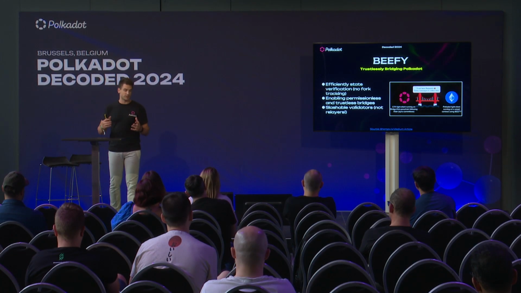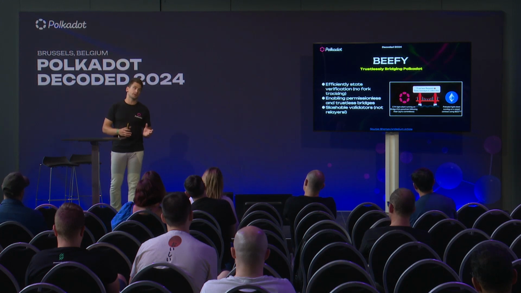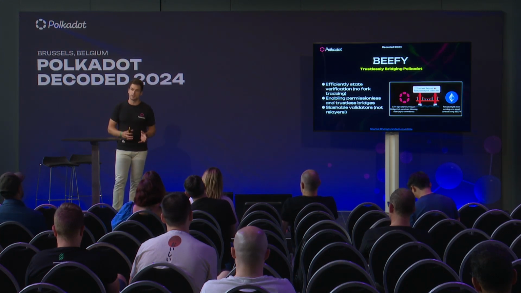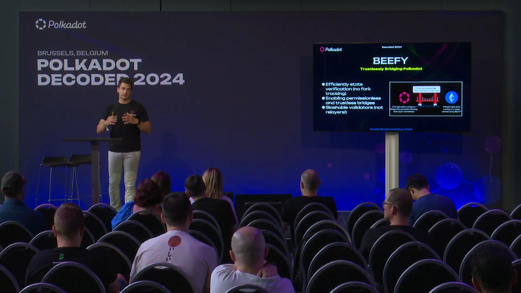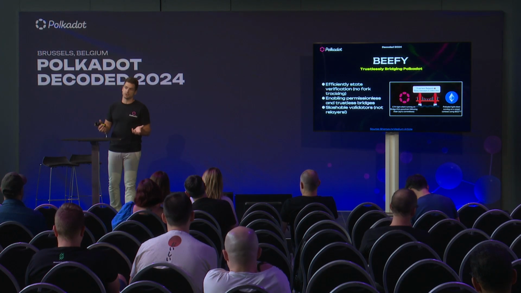We want a bridge that is fully trustless, where if something goes wrong, it is the fault of the validators in one or the other chain that weren't able to provide the verification or were malicious. So you want to slash the validators, and you don't want to slash the relayers. You can also recover the funds because everything can be proved on chain. This is the next level of trustless bridging away from Polkadot to other ecosystems like Ethereum. We will have other bridges to other ecosystems like Solana and so on.